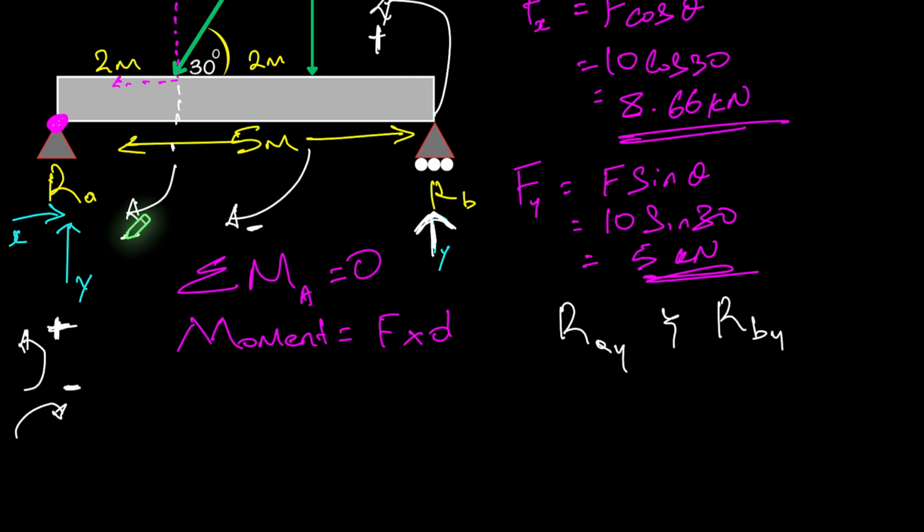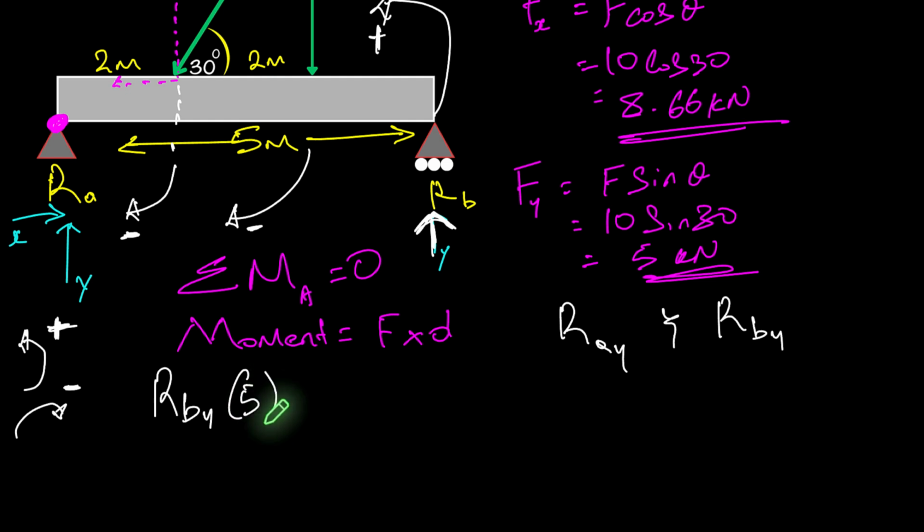So what that gives us is force times perpendicular distance. Starting with RB, RBY to be specific, will be multiplied by its distance from RA. It's already perpendicular, so we'll have RBY multiplied by 5, and that's positive.